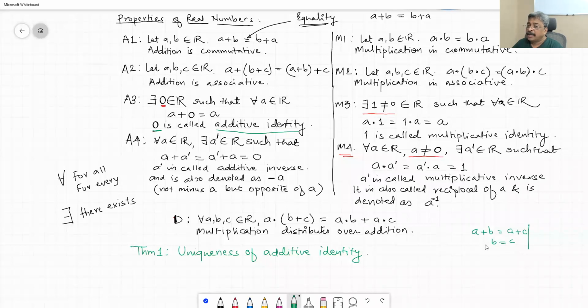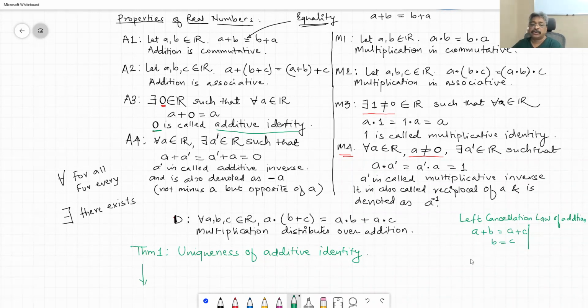This is left cancellation law of addition, which is a theorem which eventually we will prove up in this sequence. So you cannot do anything like this.